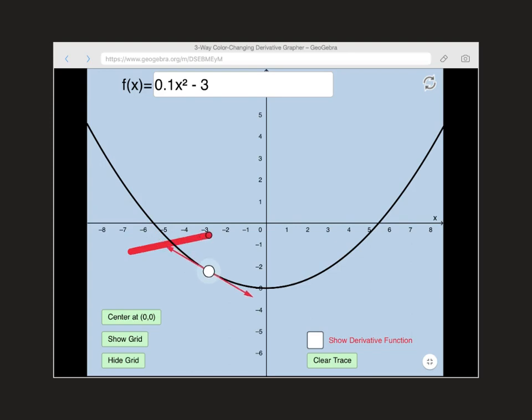And for each x value, it's calculating the gradient and plotting it on the xy axis at that particular point. So I'm going to come around here, and you can see that it's getting less and less negative. And then at the turning point, right there, the derivative is equal to 0.